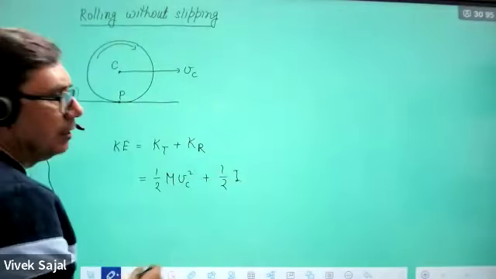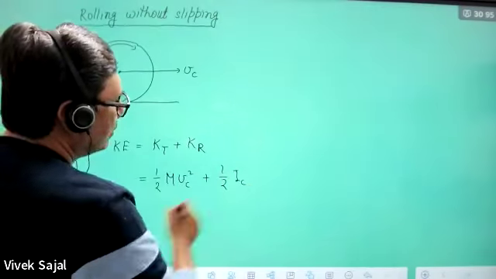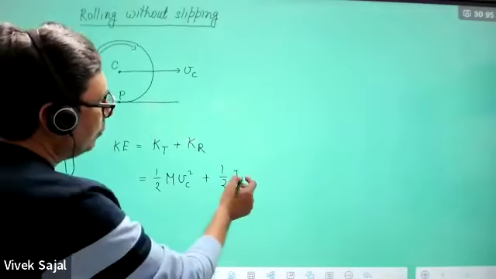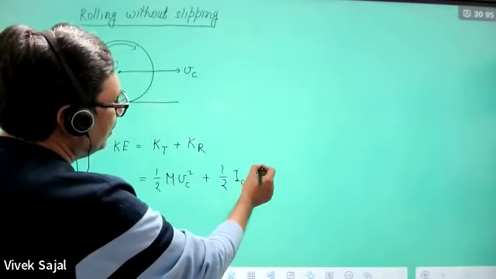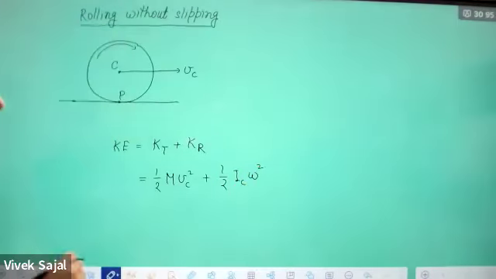About point C. So this is about center of mass, 1 by 2 IC omega square. This is one way to find out.